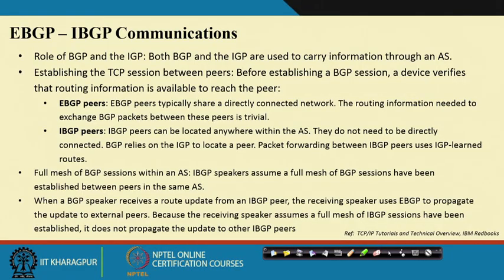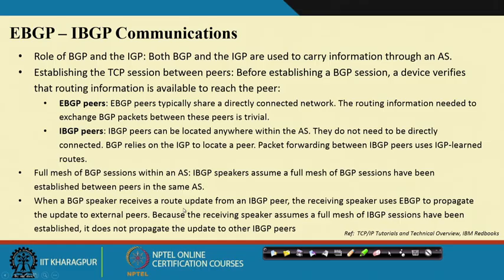Full mesh BGP sessions within the AS: iBGP speakers assume that a full mesh BGP session has been established between the peers in the same AS. So, everybody is connected to everybody else. When a BGP speaker receives a route update from an iBGP peer, the receiving speaker uses eBGP to propagate the update to the external peers.